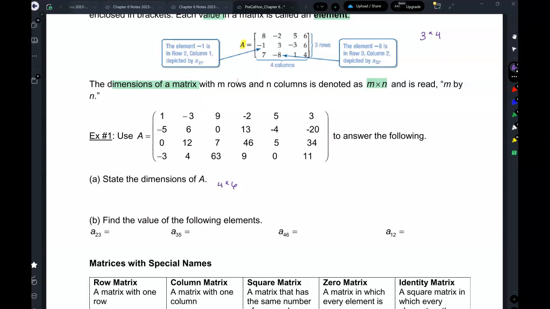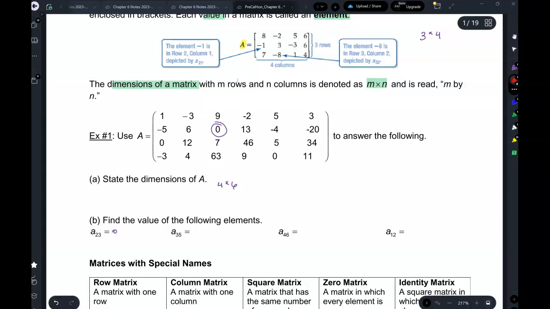That's pretty much what this is. So when I say A23, this is little a, the element in the 2nd row, 3rd column. I go down to the 2nd row, over to the 3rd column. That's that 0 over there. So this is 0.